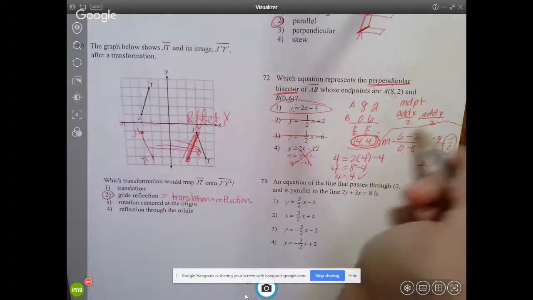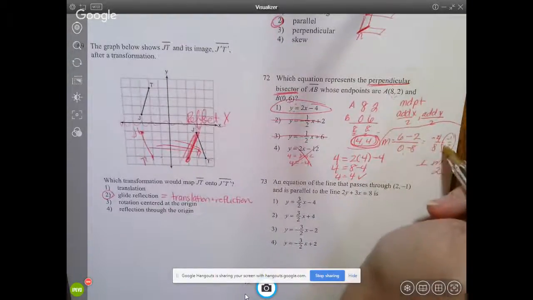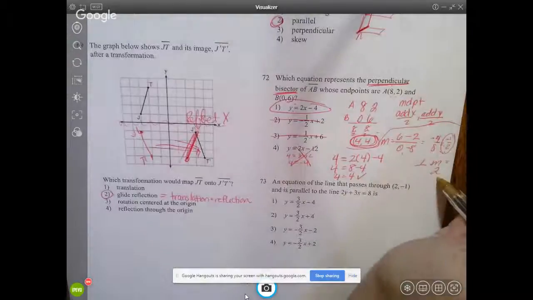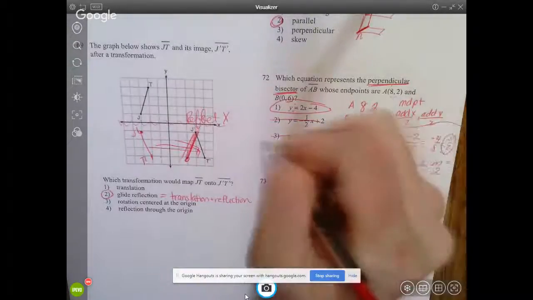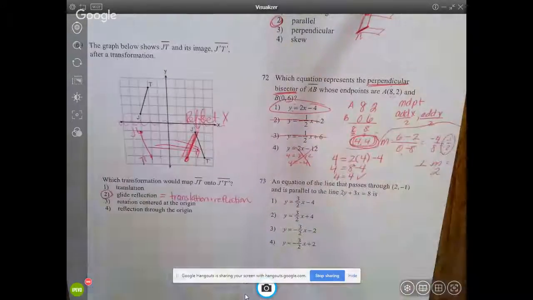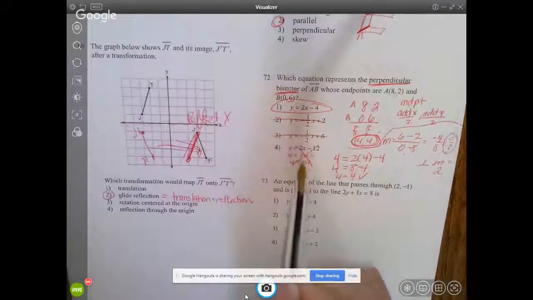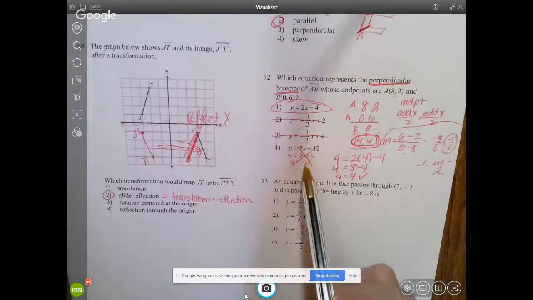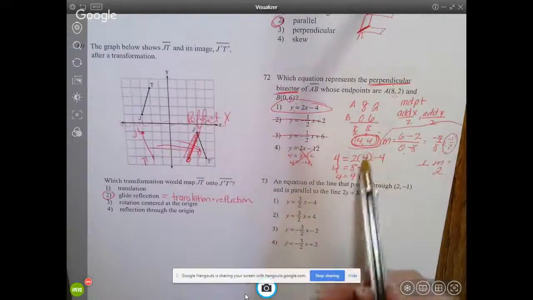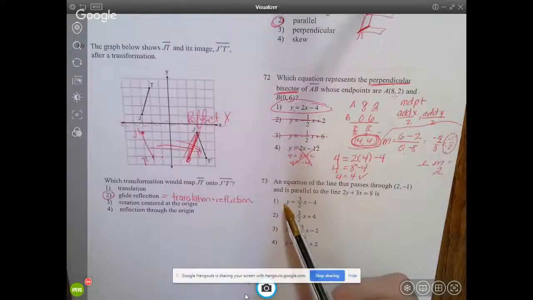Then I found the slope of the original line and found what slope would make it perpendicular. I eliminated those choices so I knew where to put the midpoint. Technically, before you did slope, you could plug the midpoint 4, 4 into all 4 of these and see which one works out.